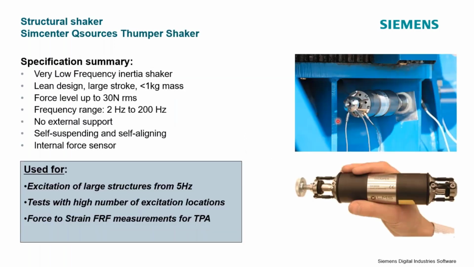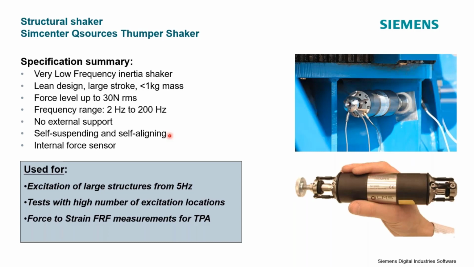All of these shakers will feature what we're describing as self-suspension and self-aligning. So we talked at the very beginning about wanting to be as much as possible decoupled between your input device and your responding structure, right? Well, we're physically attaching these shakers to our structure, and so we'd like them to be decoupled as much as possible.